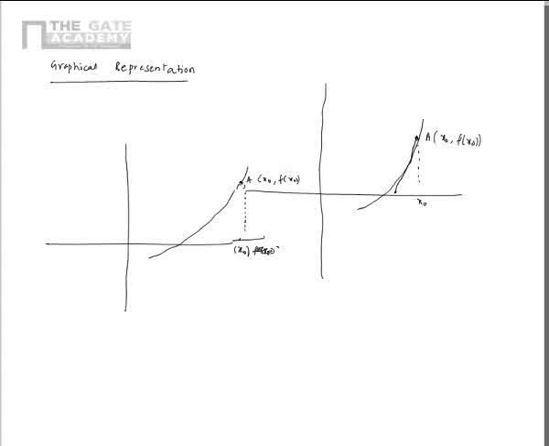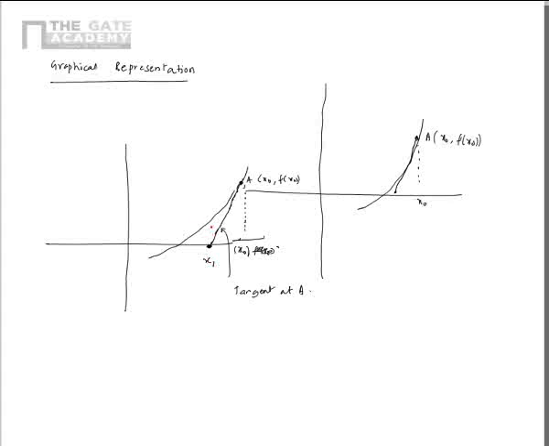Now this is basically a tangent. Okay, this is a tangent at A, right? And the point at which it intersects, okay, that point, let's say it's x1.